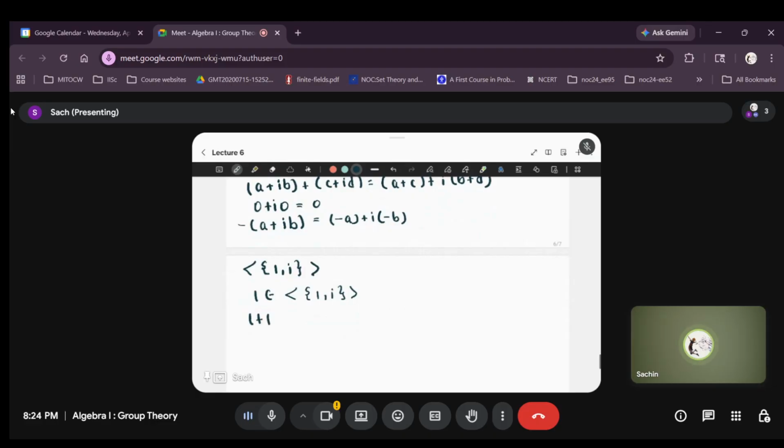So 1 plus 1, which is 2, belongs to the set generated by 1 and i. 1 plus 1 plus 1, which is 3, belongs to it. And 0 times 1, which is 0, belongs to it. So it contains all multiples of 1, right? So it contains all integers.